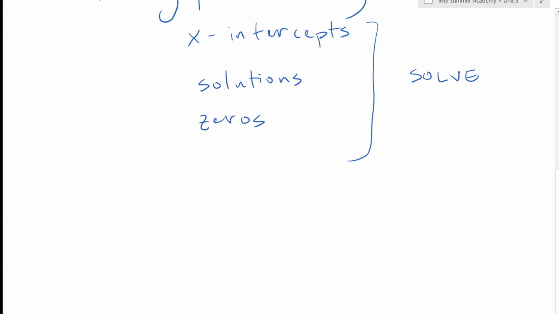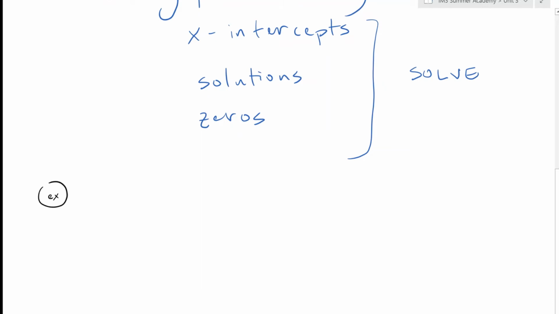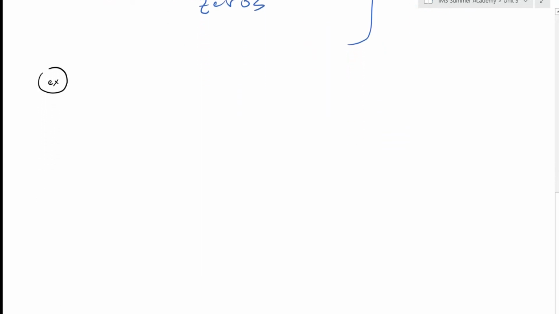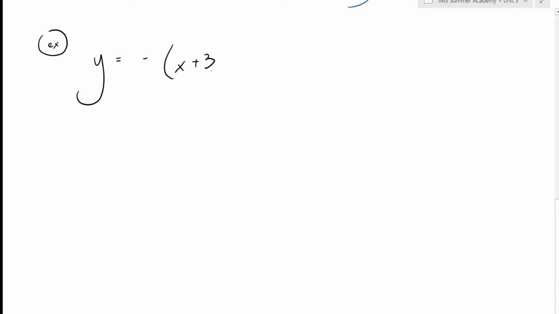Now let's go ahead and start this off nice and easy. Let's say they gave us an equation that was already factored. Okay, they gave us an equation that's already sets of parentheses. So negative x plus 3, x plus 2, x minus 1, and x minus 5.